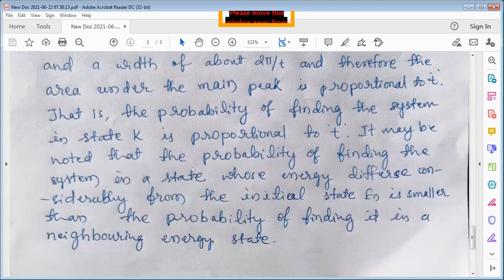That is the limitation of this perturbation theory. The perturbation should not be large; it should be within a small limit. Then only we can study this.